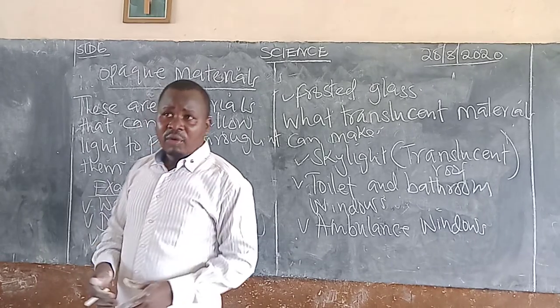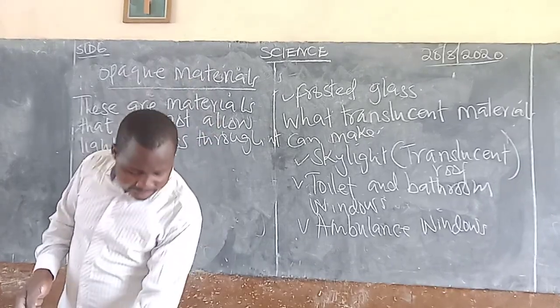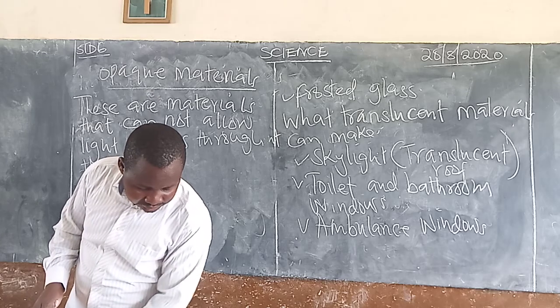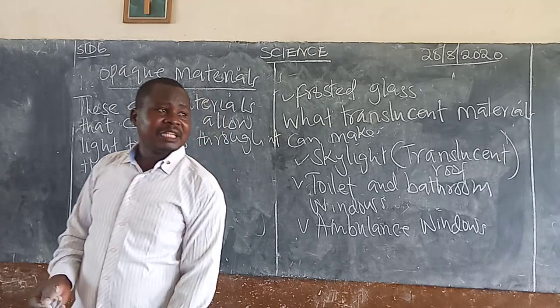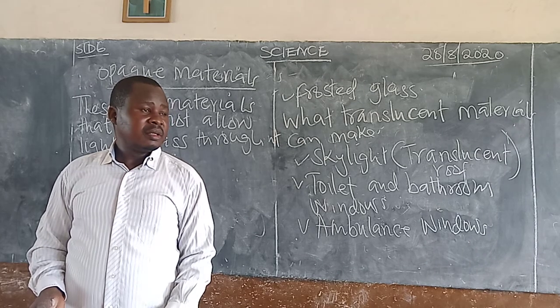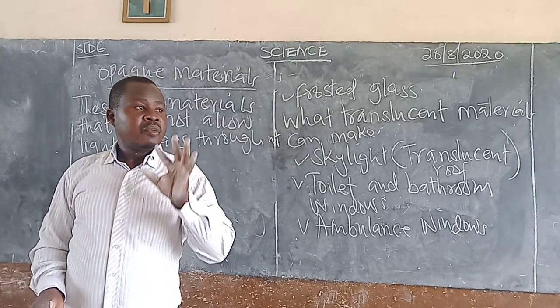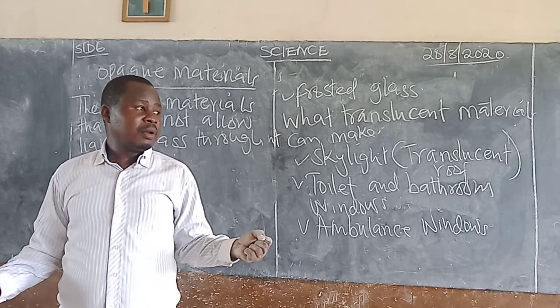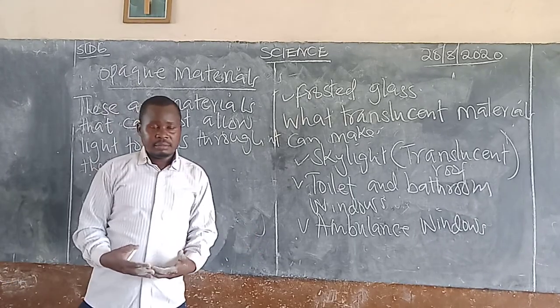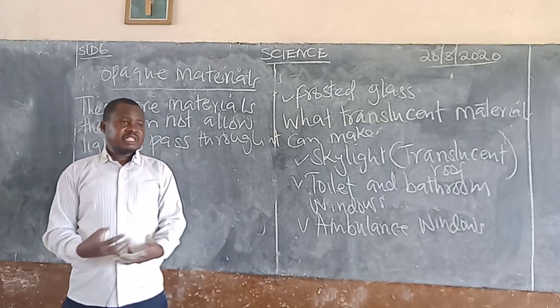So now, what can we make from these? Opaque materials, mainly we use them for privacy, for example, or for protection. Privacy, protection.